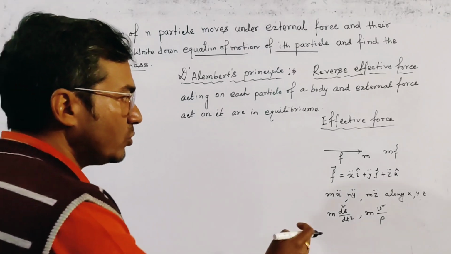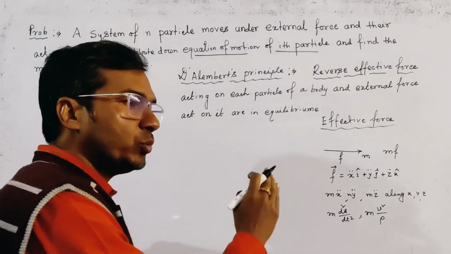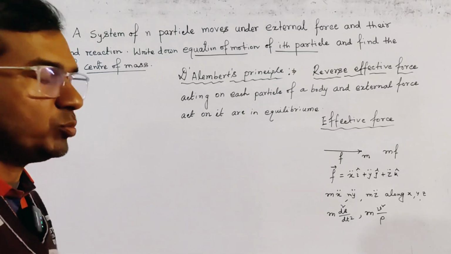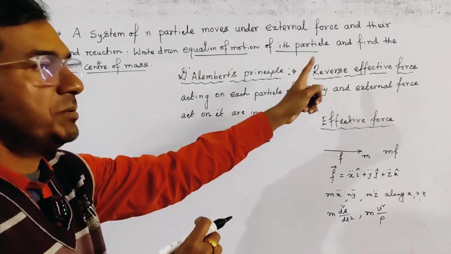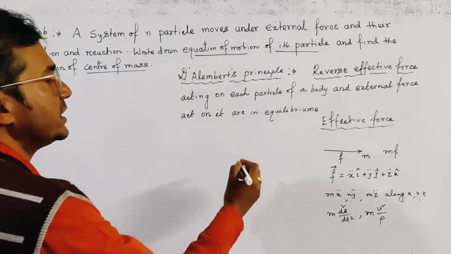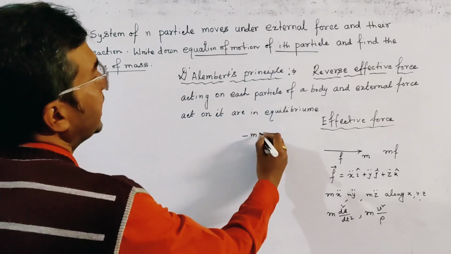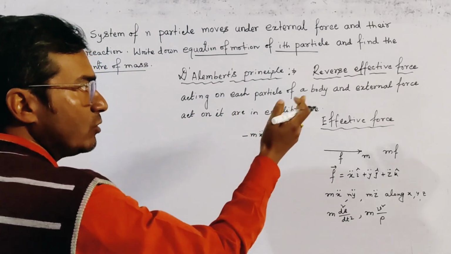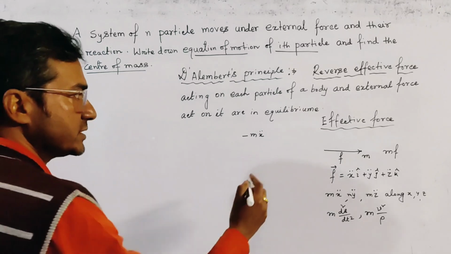Now, effective force with its direction reversed is said to be the reverse effective force. That is, minus m x double dot is the reverse effective force along the x-axis.